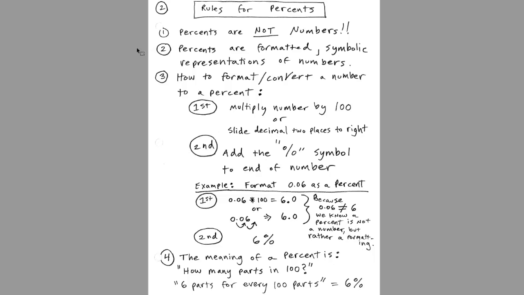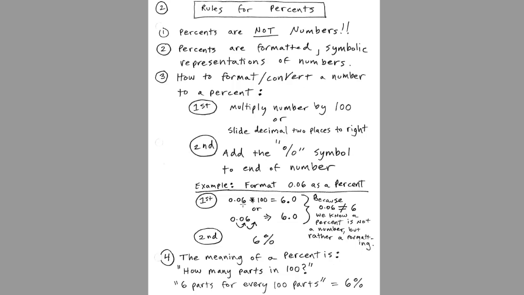So how do we go from a number to a percentage? Here it is, 1, 2. Multiply number by 100, or slide the decimal 2 places to the right. It is this step that means we are formatting, because if you multiply or slide decimals, you're actually changing the number. After we do step 1, we add a percentage symbol.